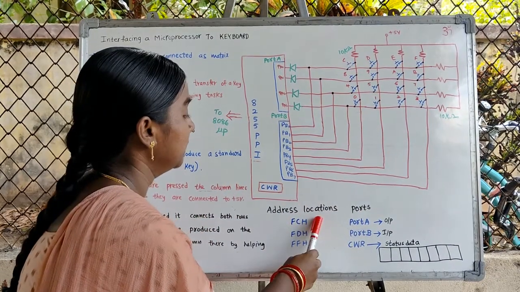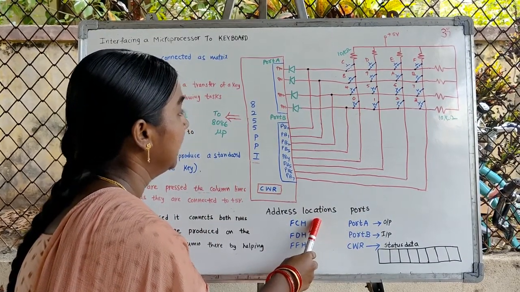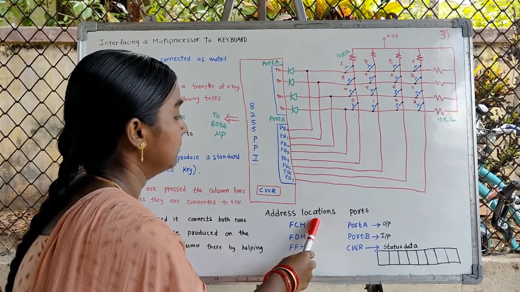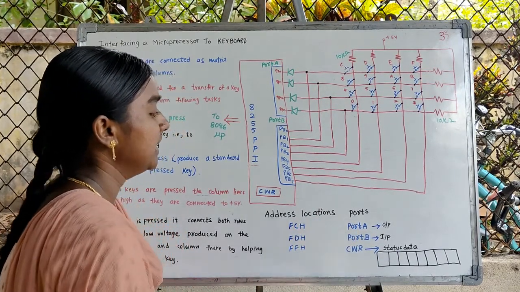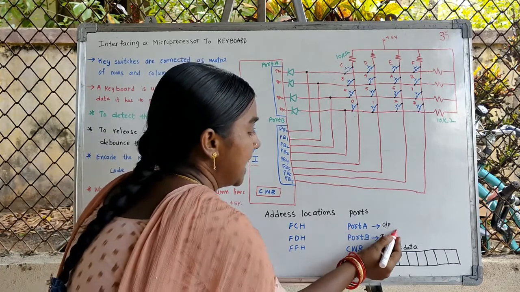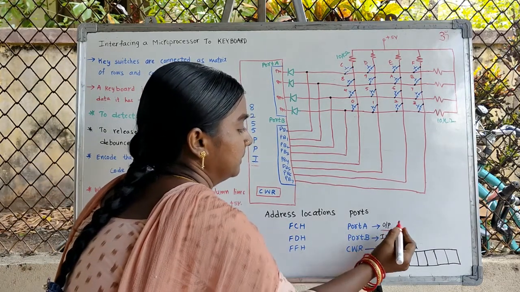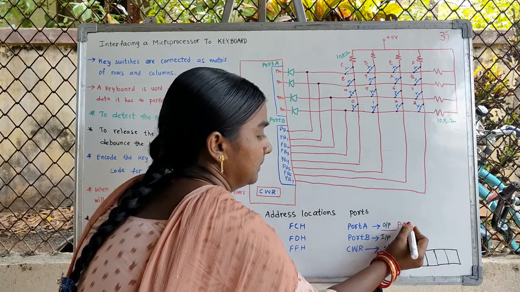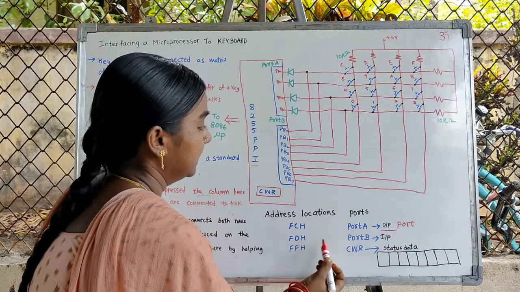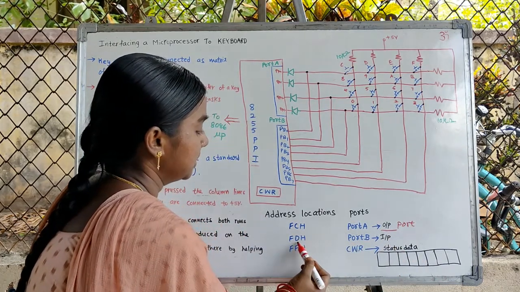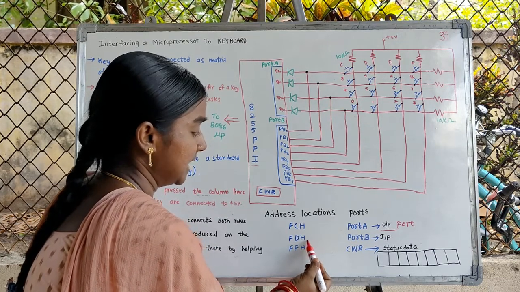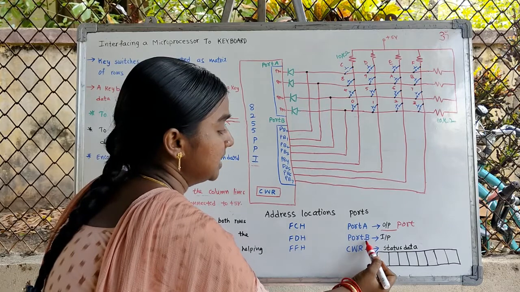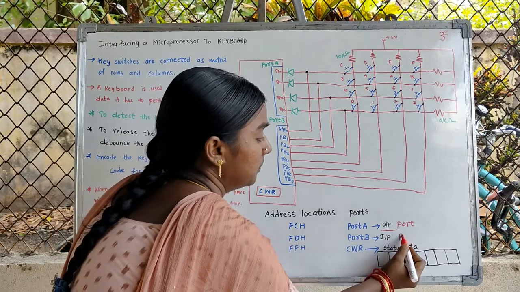We already know the address locations of the 8255 programmable peripheral interface. For port A it is FCH, and here we are considering port A as the output port. For port B, the address location is FBH, where H indicates a hexadecimal number, and we are considering port B as the input port.